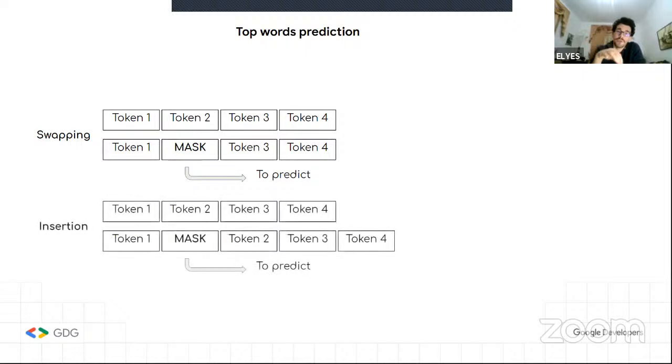Or we insert a mask token there, and we tell it to either autocomplete or fill in the blanks, the same thing. And so doing this will allow us to create many copies of the same sentence, which are plausible suggestions because it has been trained on a model before that, so it's not random.